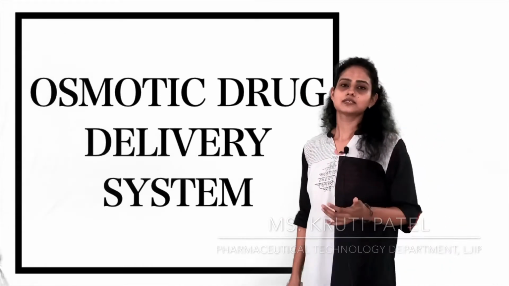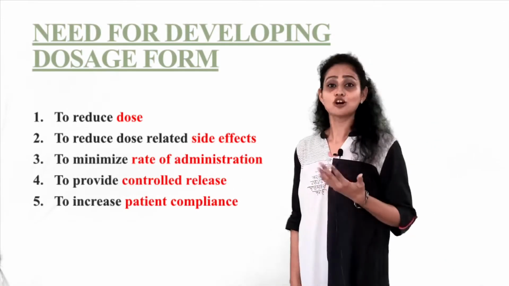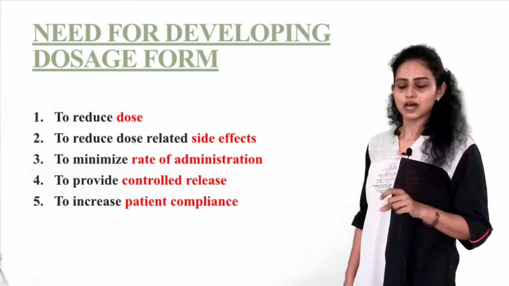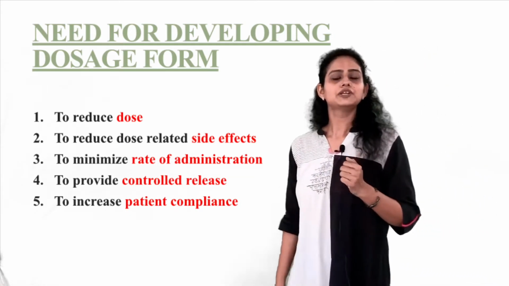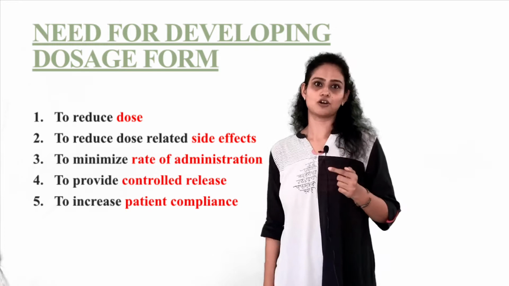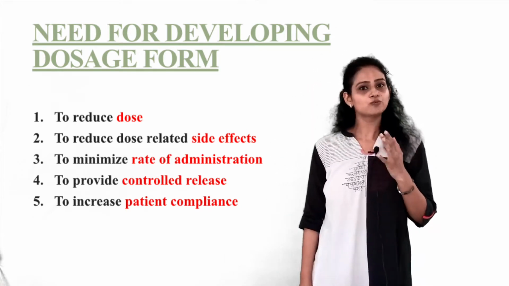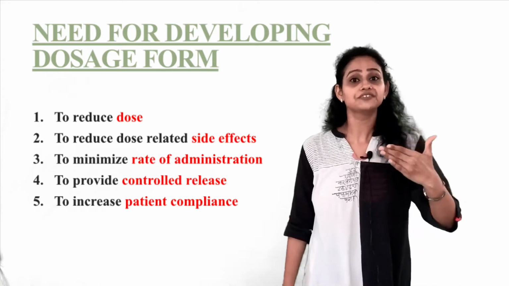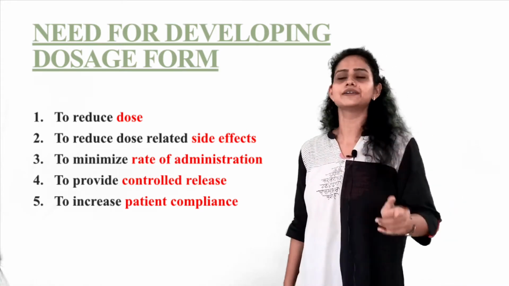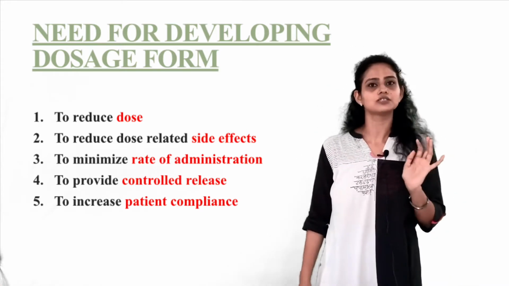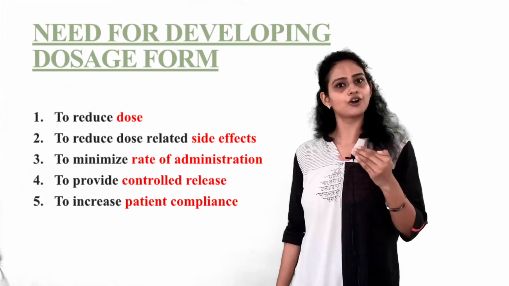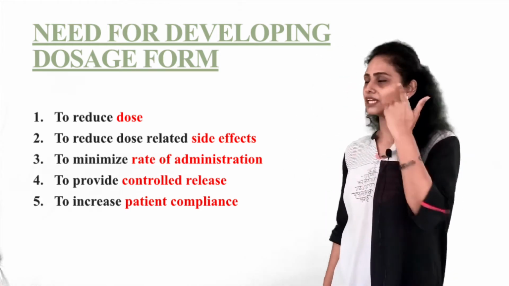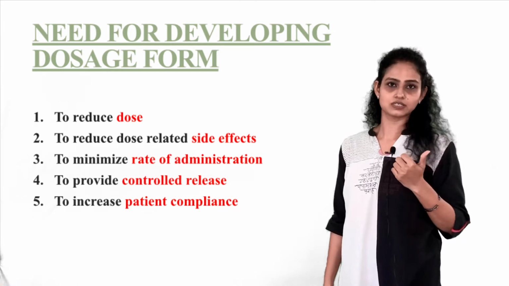Next is why we need to develop this osmotic drug delivery system. As I said, the drug will be delivered through osmotic pressure, osmosis. So, when you want a constant release rate of any drug, that means zero order kinetics, which is most important for drug release, we can achieve that through this osmotic drug delivery system.